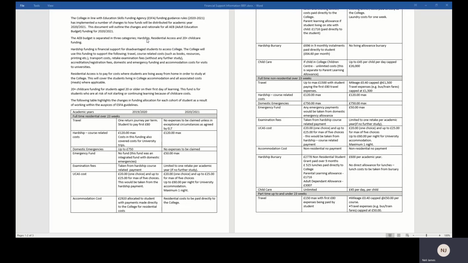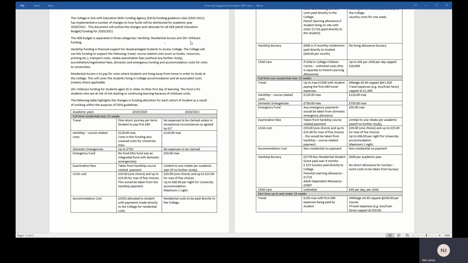So hardship payments are things such as resources, emergencies, examination fees, UCAS costs, etc. Residential access is the money that we allocate to students to pay for their accommodation at college and to pay for meals. And then 20 plus childcare funding is to pay for childcare costs and associated costs.